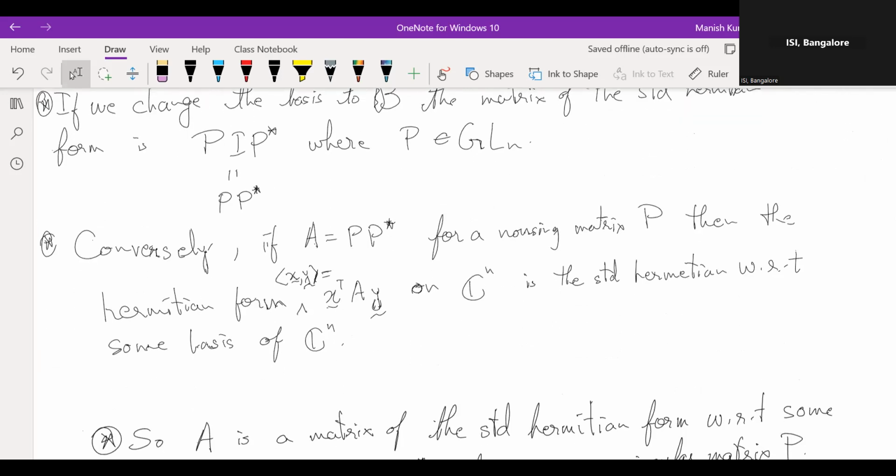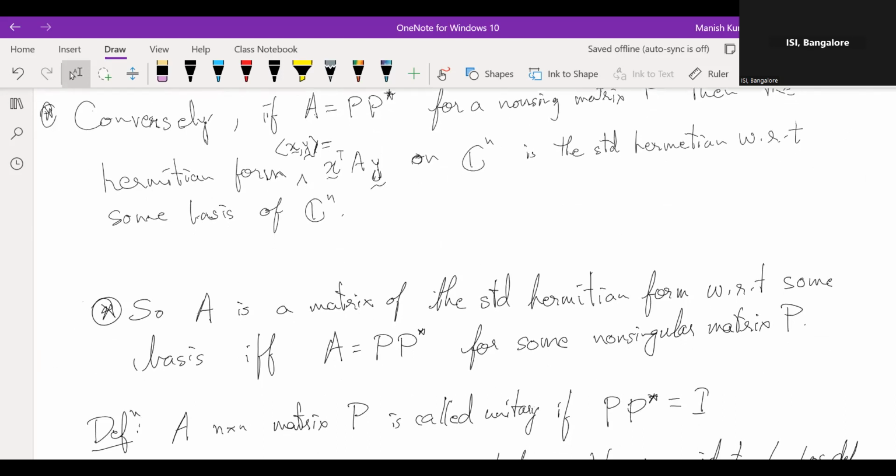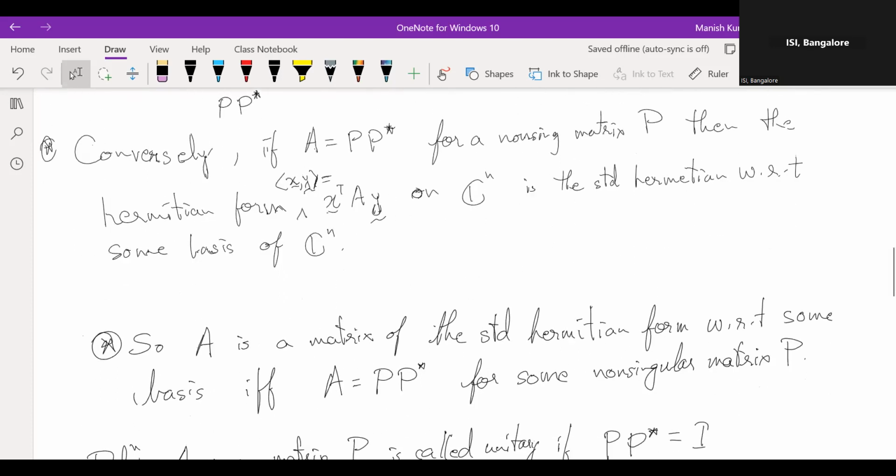So in other words, A is the matrix of the standard Hermitian form with respect to some basis if and only if you can write A as P times P star for some non-singular matrix P. The upshot of these two is summarized in this last statement.